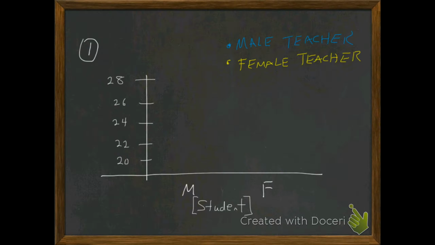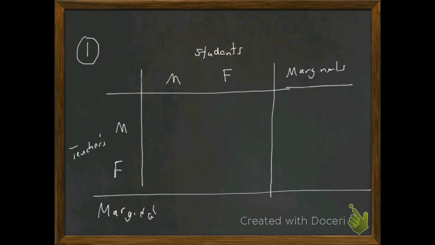Hopefully you are. Okay. Now let's go back here and let's look at a situation where we have nothing that's statistically significant. And that would be in a situation where we had all of our mean ACTs of 24. So for the male teachers, his students averaged 24. For the female teachers, their students averaged 24. Examining the means across students, the male students had an average of 24, and the female students had an average of 24.